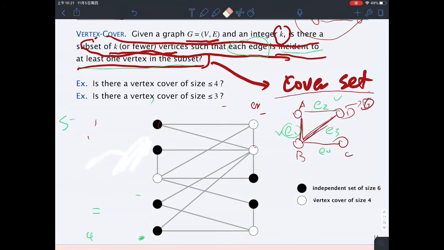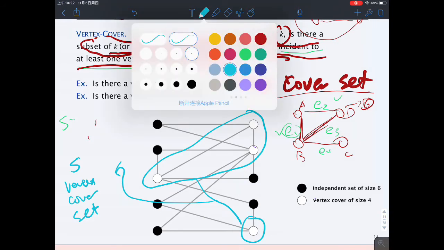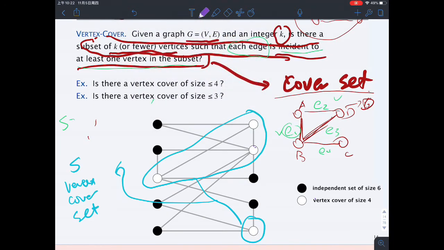To re-emphasize the idea, we claim that one possible vertex cover set can be this one. This would be our S, the vertex cover set, and let's verify that by checking every single edge.